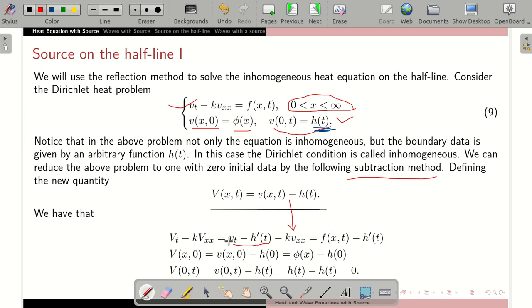So you got similar PDE but different right hand side. So right hand side is now f minus h dash t, and initial condition Vx0 is just phi x minus h0, and V0t is v0t minus ht, so this is 0. So when x equal to 0 you have data 0.